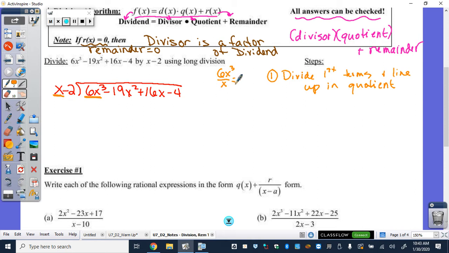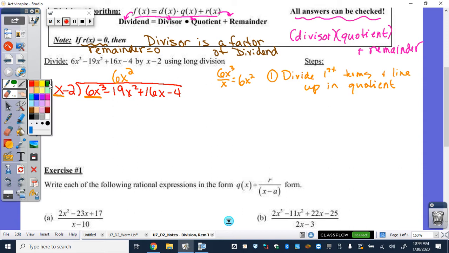This is just a strategy to help you figure out what your quotient is going to be. So 6x cubed divided by x gives us what? 6x squared. So that goes up there. That's the first part of my quotient. Any questions so far on how I got that?